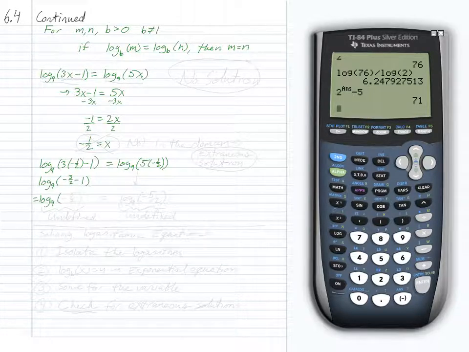Negative 3/2 minus 1 would be negative 5/2. And we see on the right-hand side that 5 times negative 1/2 is negative 5/2, pardon me. However, both of these are undefined.